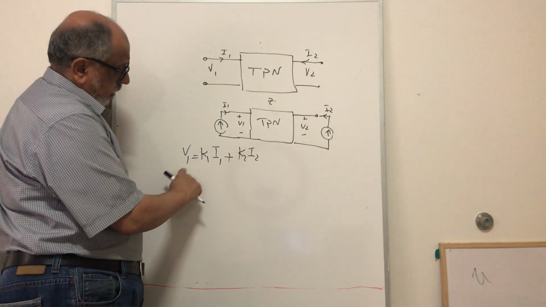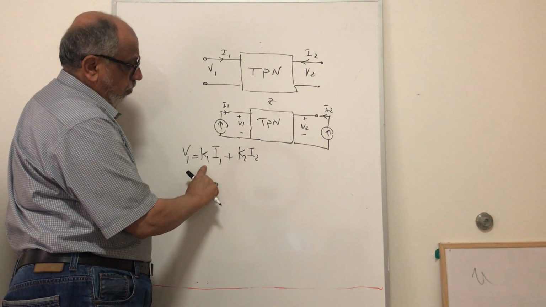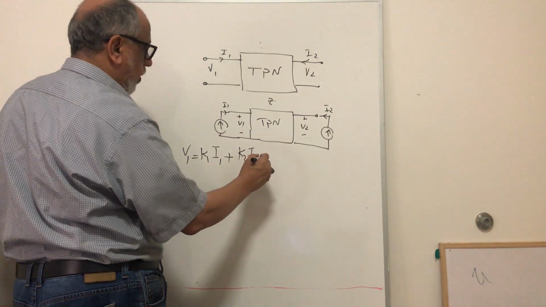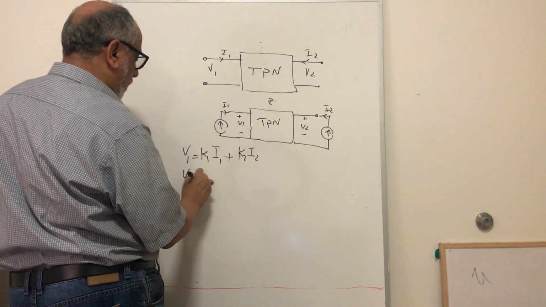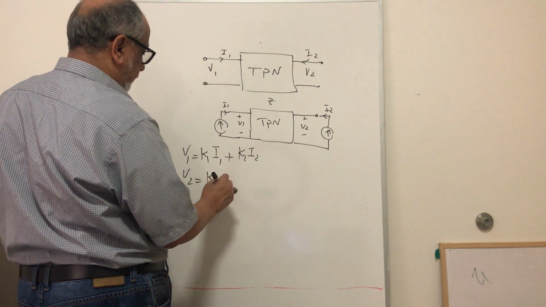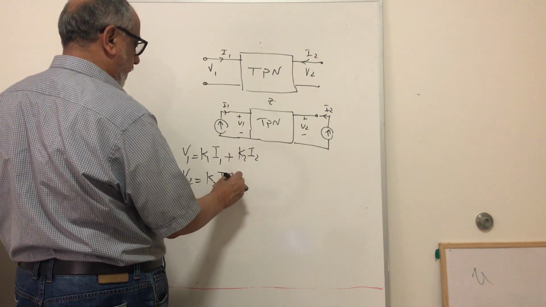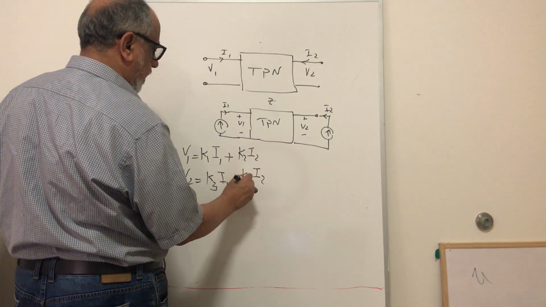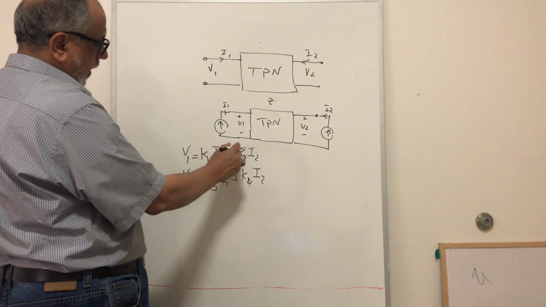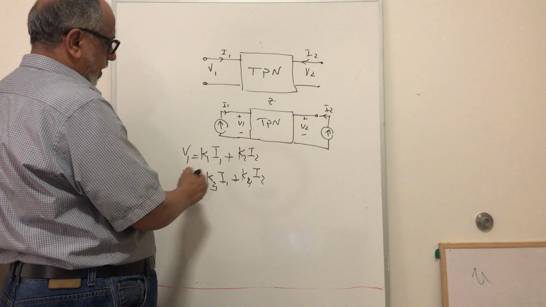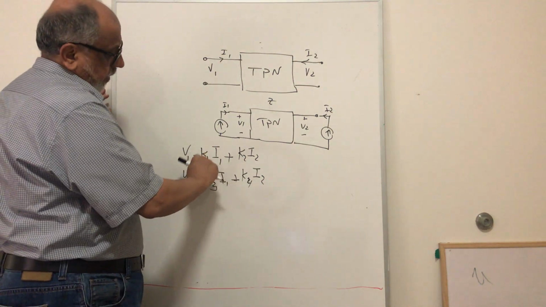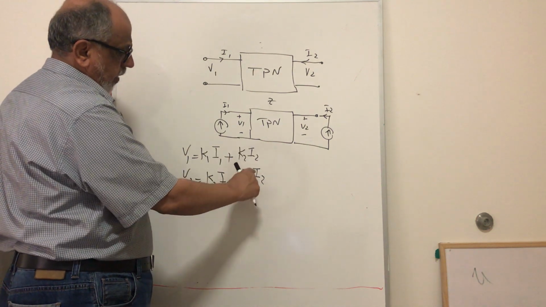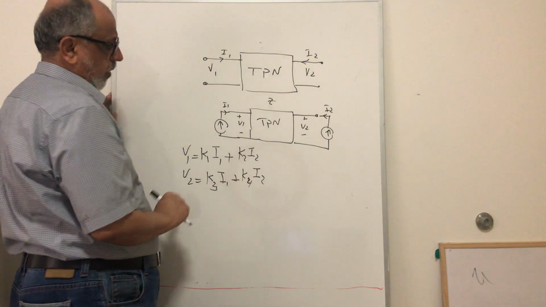This is a volt and we have a current, so the constant should be Z. Similarly, V2 equals K3 I1 plus K4 I2. So we have K1, K2, K3, K4 as the parameters. V1 depends on I1 and I2, and V2 depends on I1 and I2 as well.